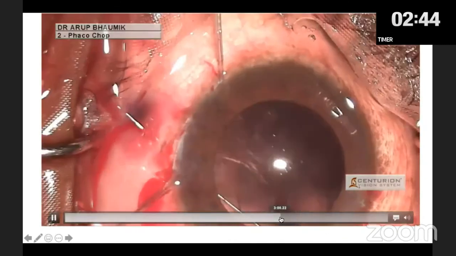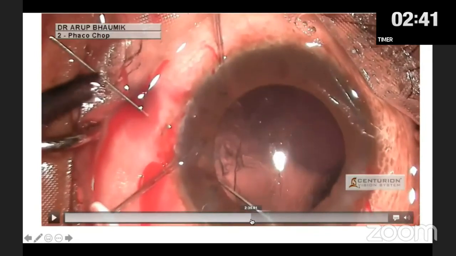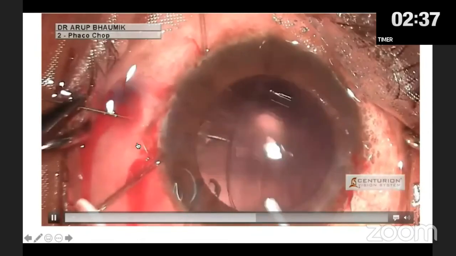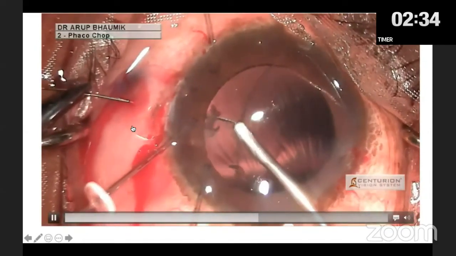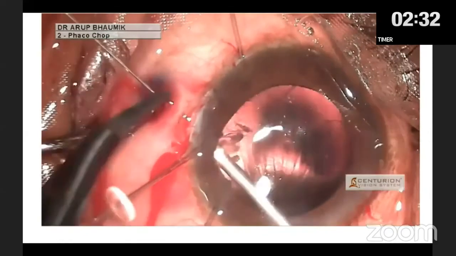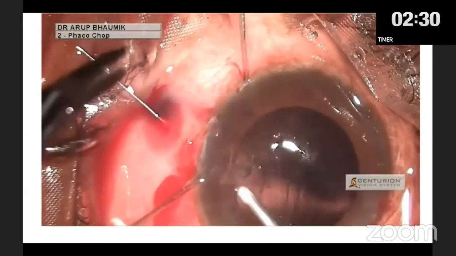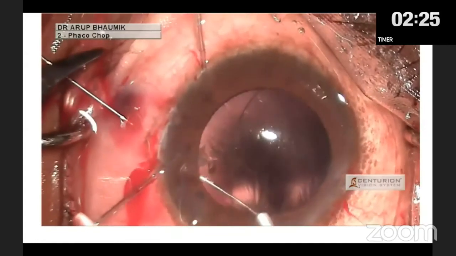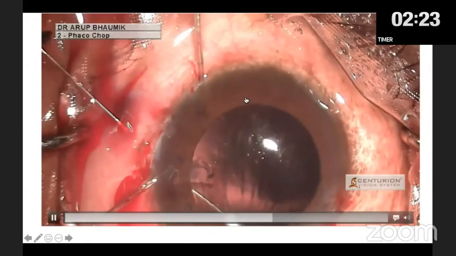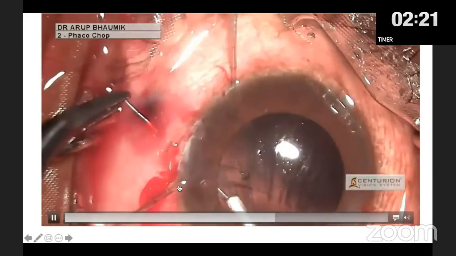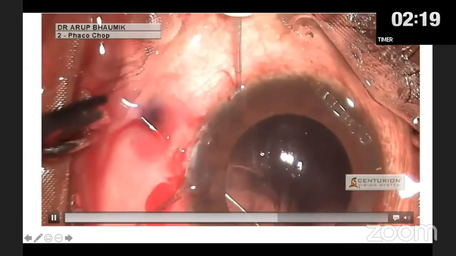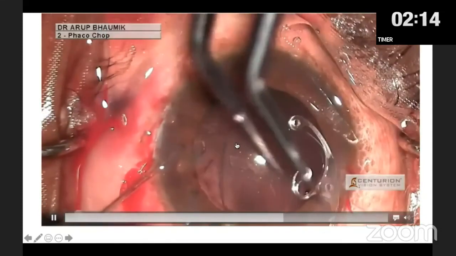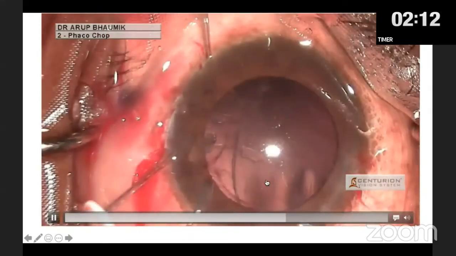So now I'm just doing the FECO part. This is a single 90 Polin, because unfortunately we don't have the double 90 Polin. So I remove all the hooks from this and keep the hook over the iris and keep the space, so that there should not be an injury to the capsular bag with the needle.